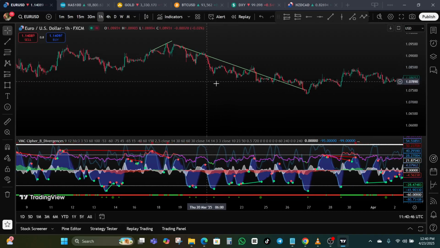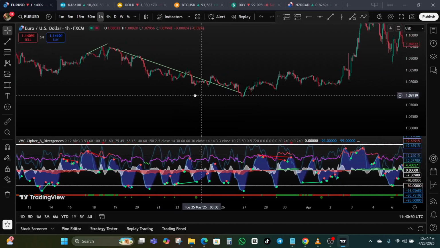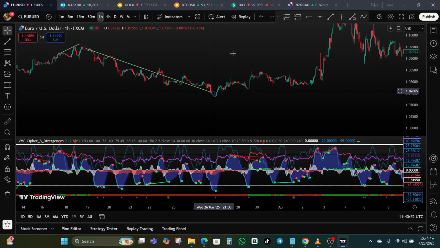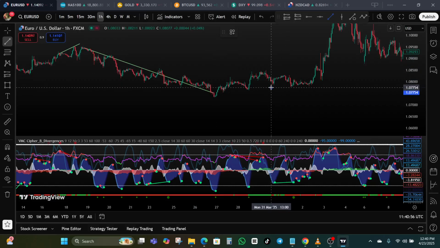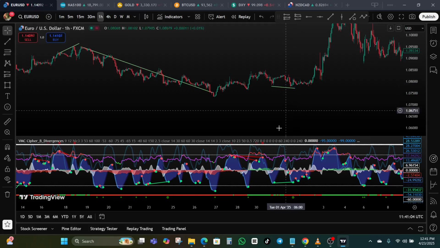Now for a bullish divergence, price makes a lower low, like what we can see happen here, but the Cipher B indicator makes a higher low.